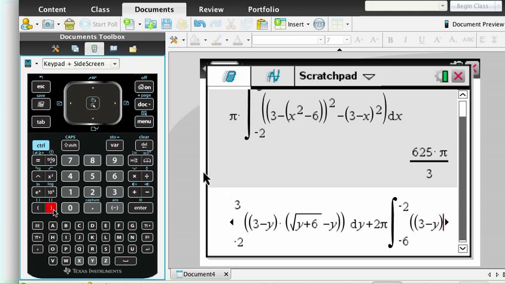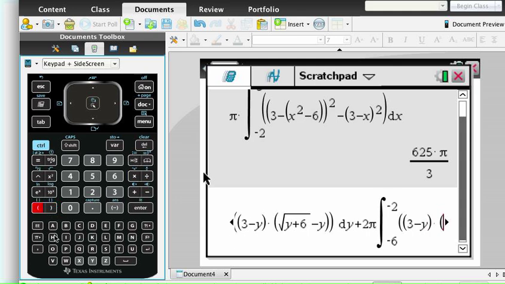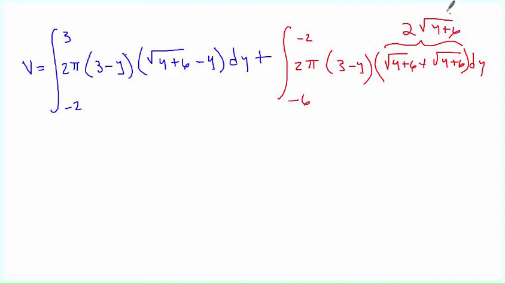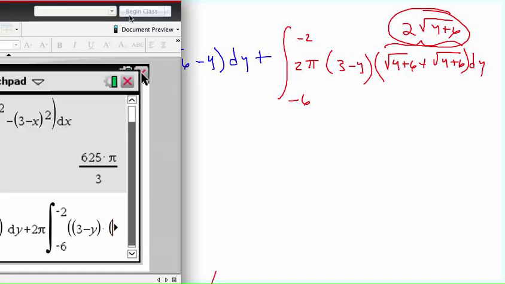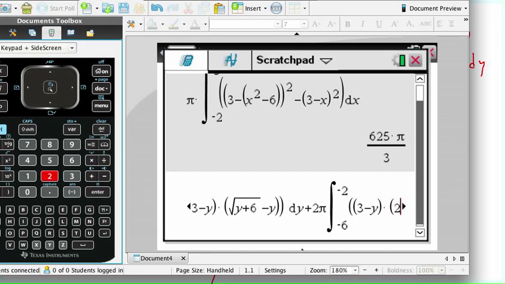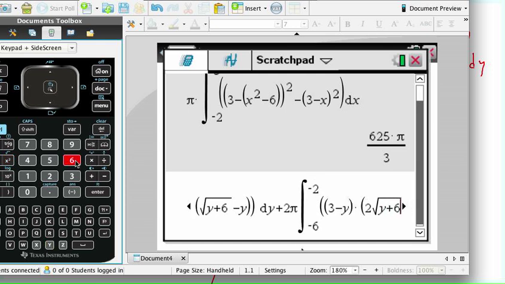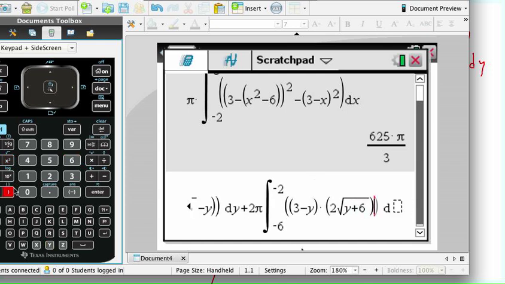I'm closing this parenthesis now, times another parenthesis, and you remember I'm entering this part: 2 times square root of y plus 6. So this is twice the square root of y plus 6. I'm closing this parenthesis and the next one, and I'm talking about y.